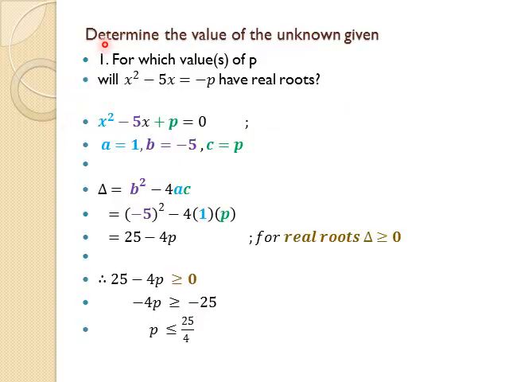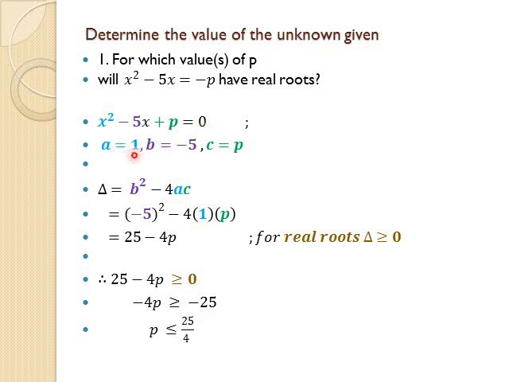So problem number 1, determine the value of the unknown given. For which values of p will x squared minus 5x equals negative p have real roots? First, I must make it quadratic by putting it in standard form. If I take negative p over, it becomes plus p, so I have x squared minus 5x plus p equals 0.